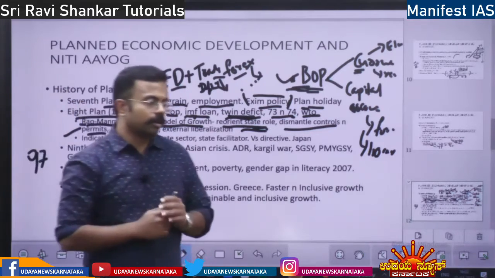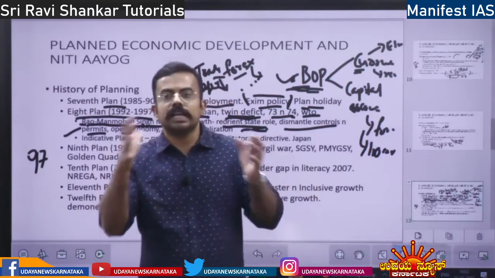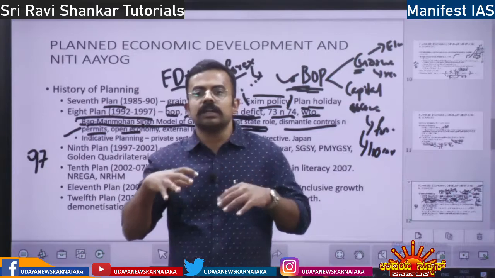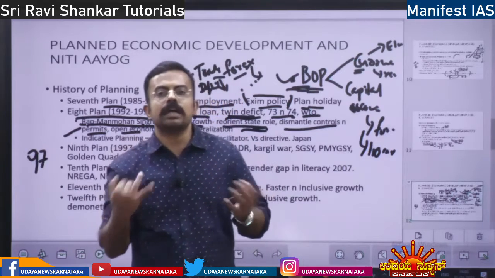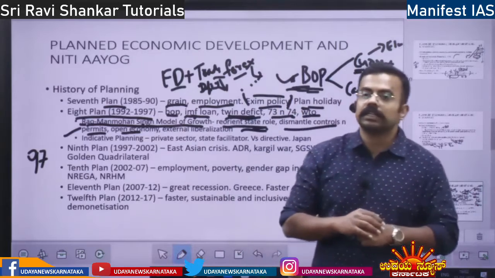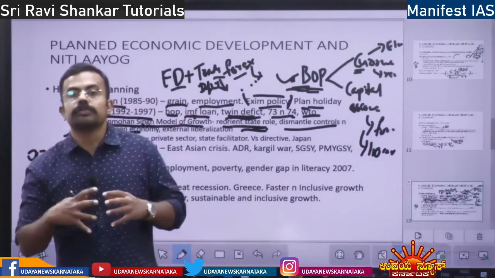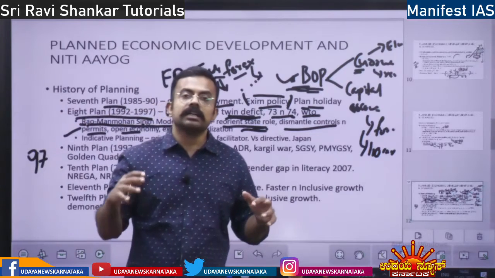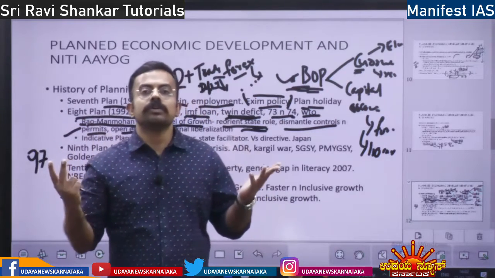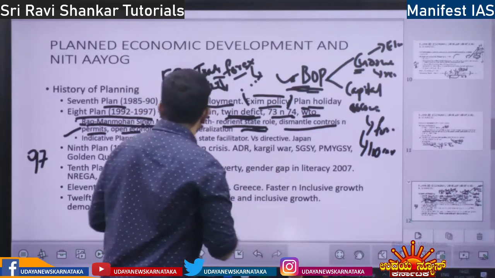Earlier it was closed to the private sector, now it is open to the private sector. And also earlier the economy was closed within India, later it is open to foreign inputs, foreign exports and imports. That is one thing.